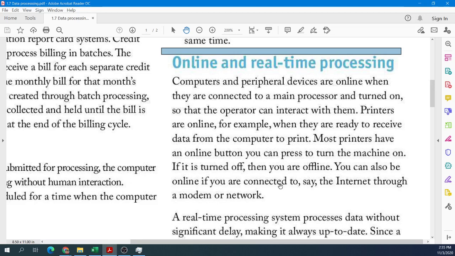Sahid Osman, can you read for us? Sahid?